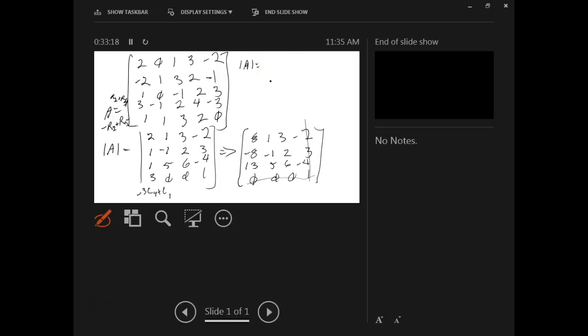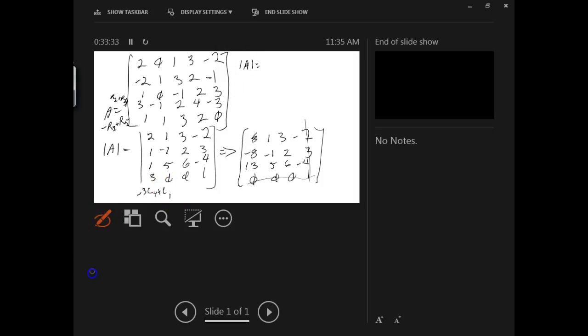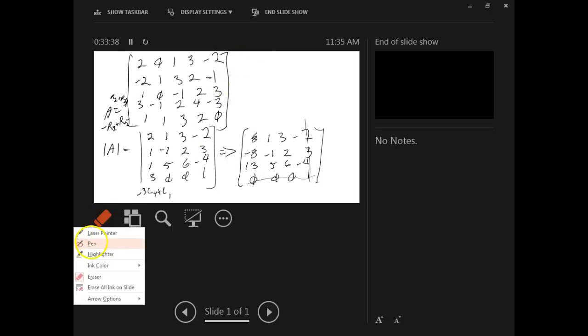Well, before I do anything else, what happens if you add row 1 to row 2? So let's just do that as another step then.